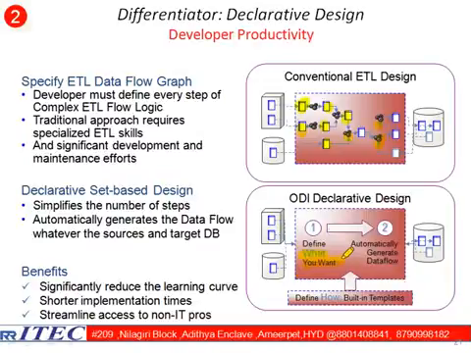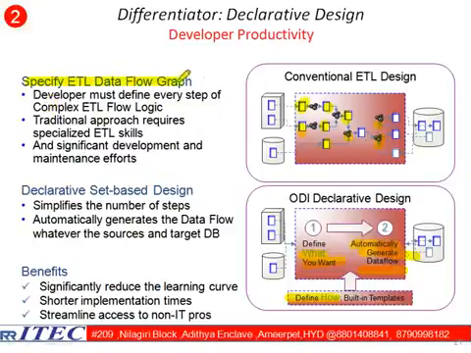Just define it. Once you define it, the system takes care of automatically generating what, sir? The data flow. Only you are going to define how you want it. Then built-in templates are available that take care of the way you want to move the data. Because of this, what is the benefit?